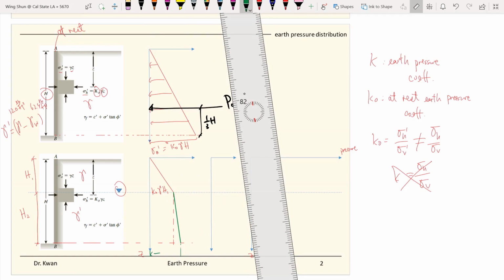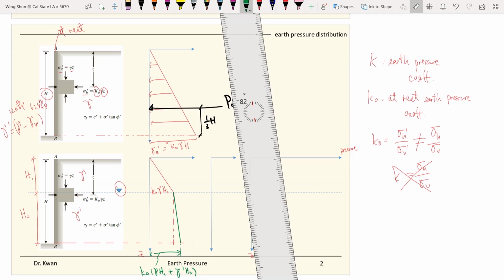will be equal to K naught times gamma H1, the top part, plus the bottom part, where you have the effective unit weight times H2. So that is the pressure that it is adding on.